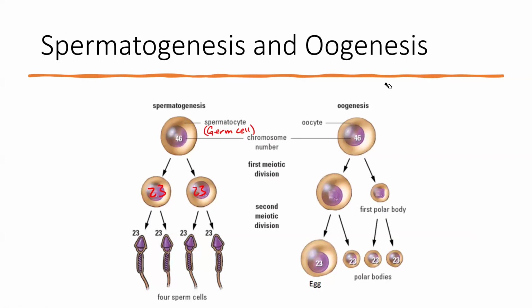Now, for oogenesis, we start with an oocyte. That's how you say it. It's also a germ cell. 46 chromosomes, and then 23 and 23. Now, what happens over here when we split the cell is we have uneven cytoplasmic division during cytokinesis.